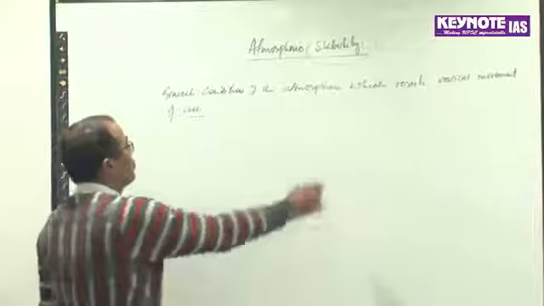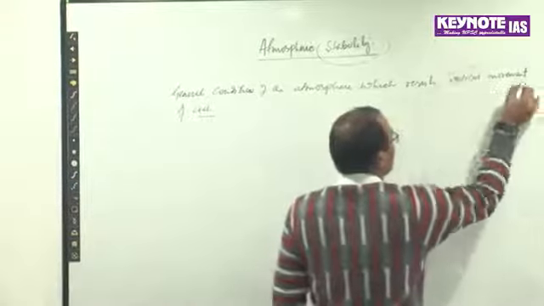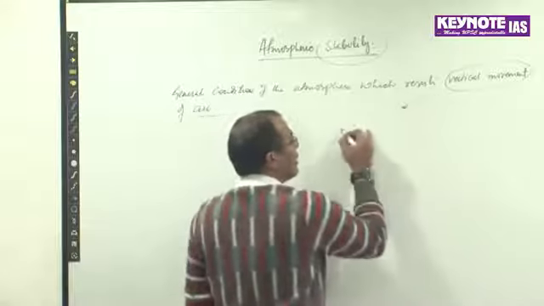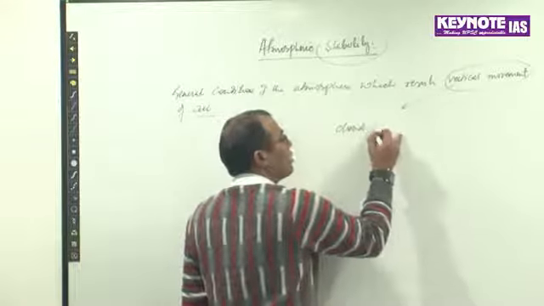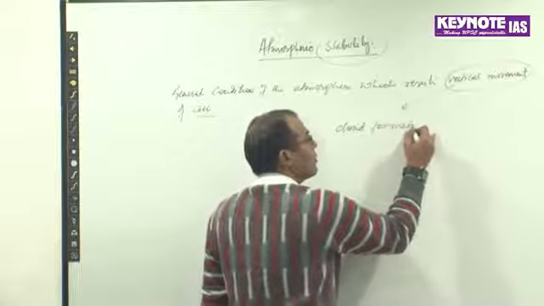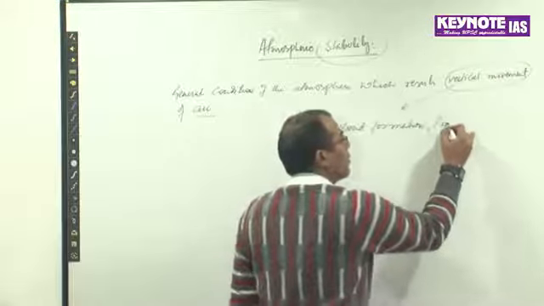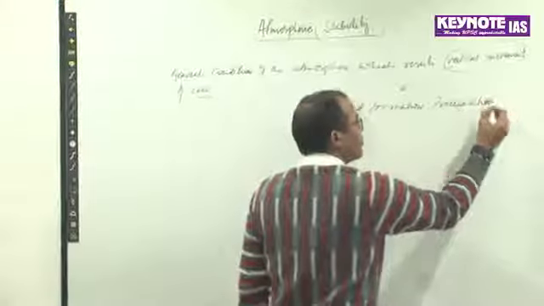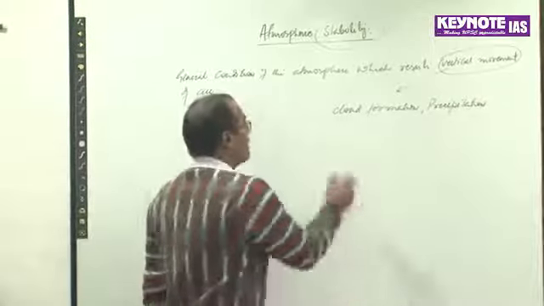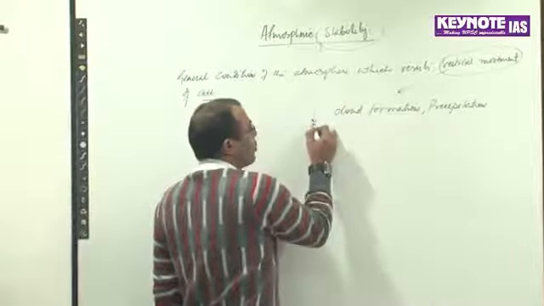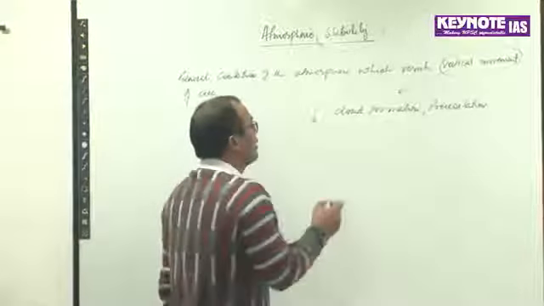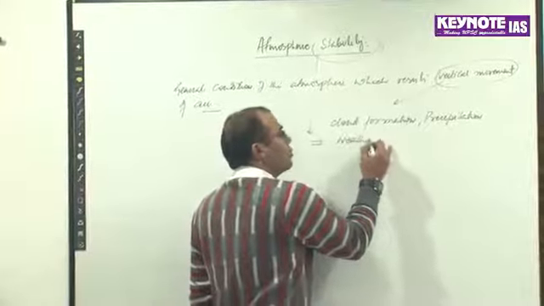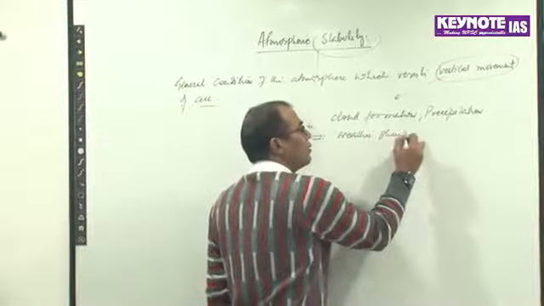Right? So, the moment we say vertical movement of air, it is directly related with cloud formation, precipitation. So obviously, the importance of stability will be very, very high with respect to weather phenomena.